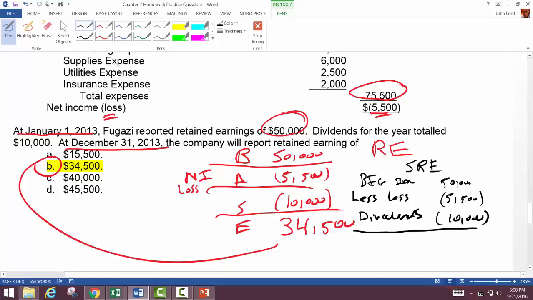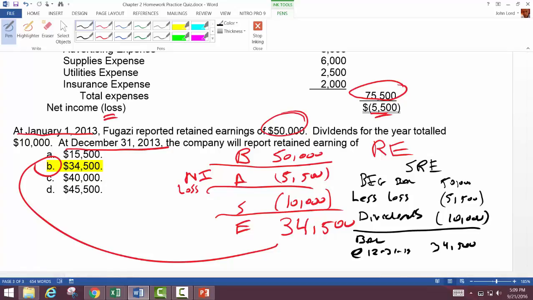And then that would give me the balance at 12/31, whatever year this was when we were doing this, 13. The balance would then be 34,500. Okay, that's the proper presentation on the statement of retained earnings, right?